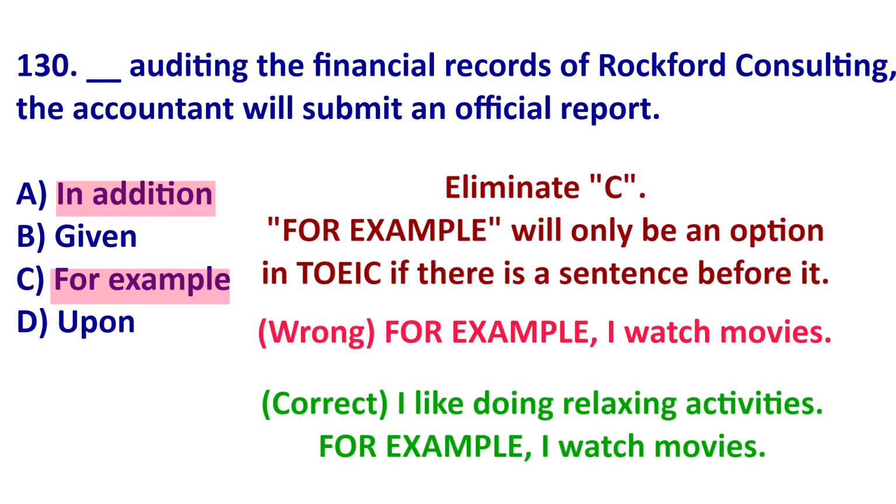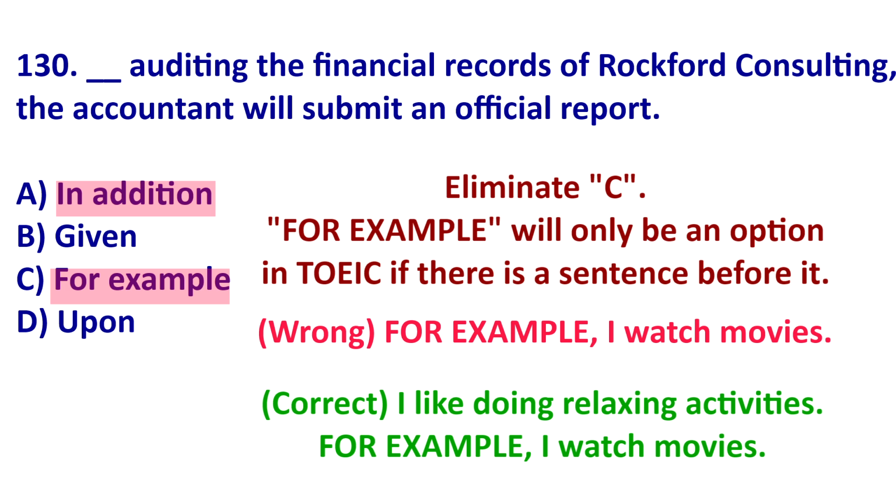Now, let's eliminate for example. Why? In TOEIC, you will never start a sentence with for example unless there is a sentence before it. And I'll give you an example right now. So imagine I tell you this. For example, I often watch movies.